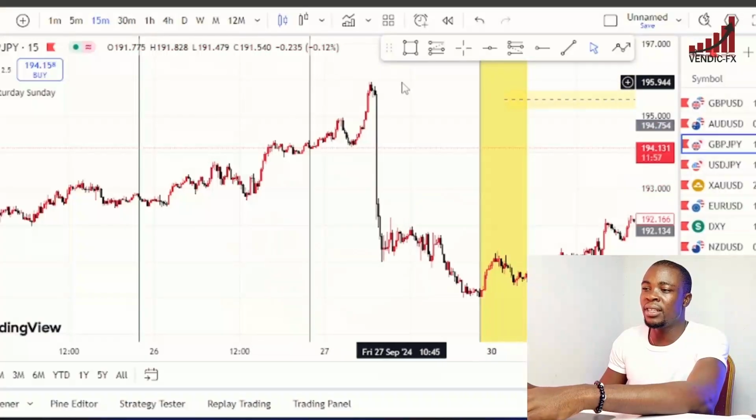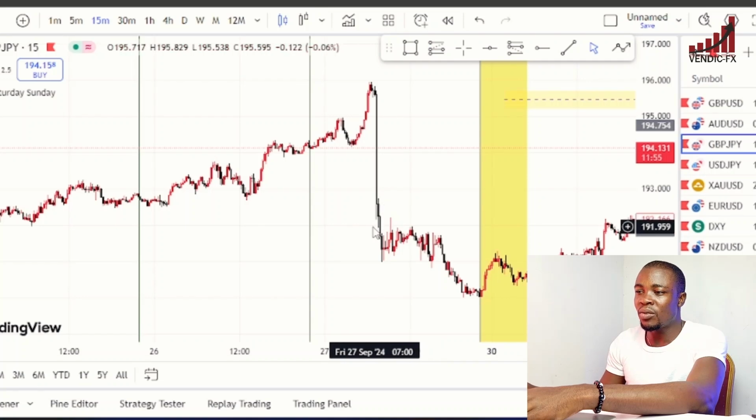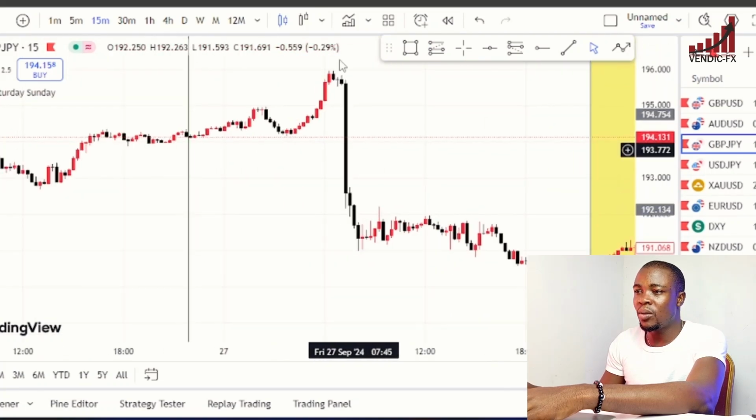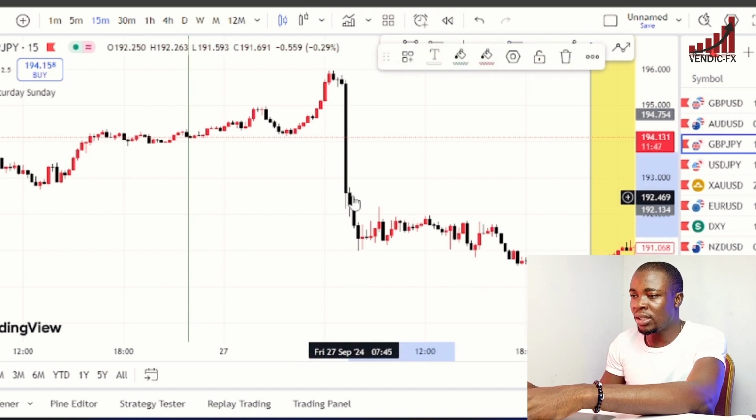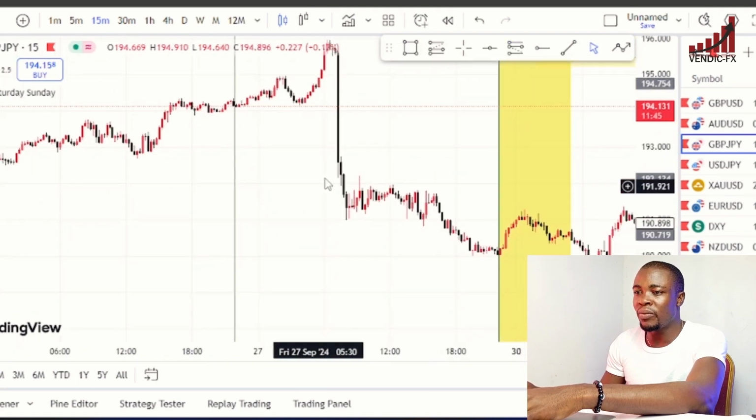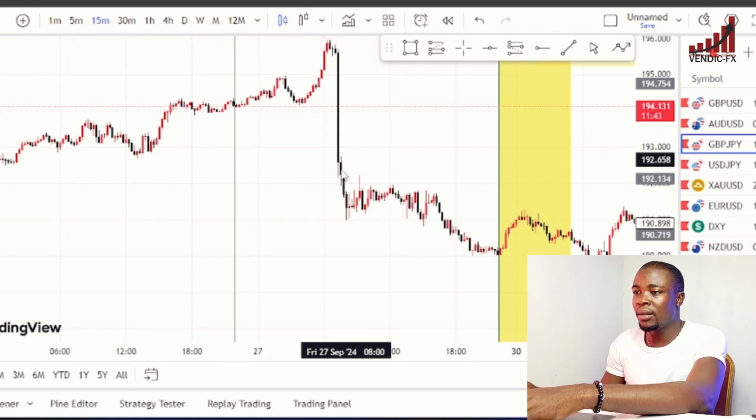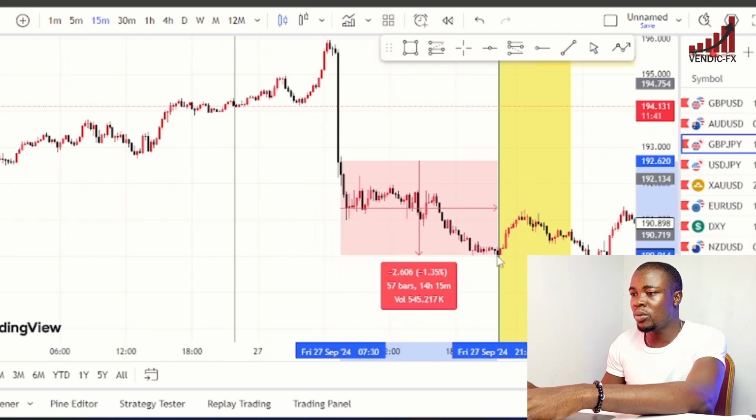So immediately after the news event, once the first 15 minutes close on a news day, you get into the trade. Definitely you will still derive something out of it at the end of the day. I think this was close to almost how many percent move.